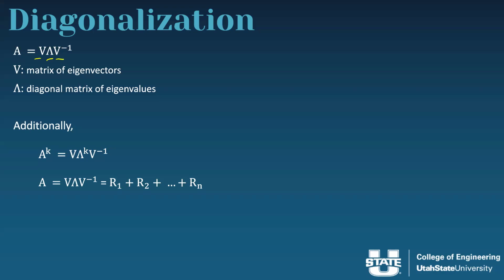And these are really useful in practice based on these other 2 things that we get from this, right? If we raise A to a power and we know the eigenvalues and eigenvectors, we can raise that lambda matrix to that same power and they are equal. And this really helps us to look at long-term behavior of linear systems.